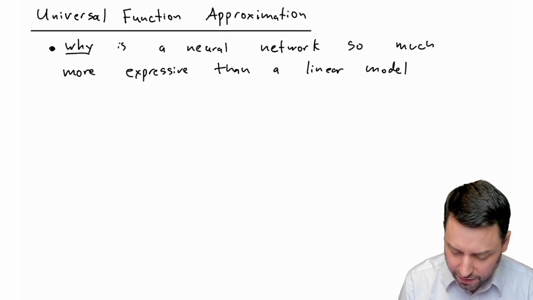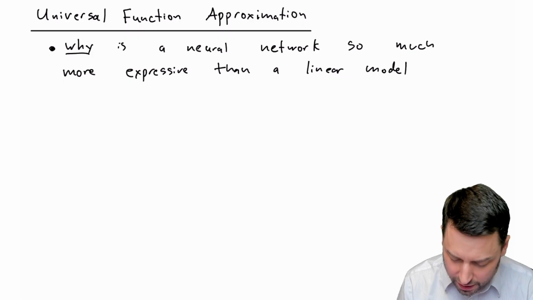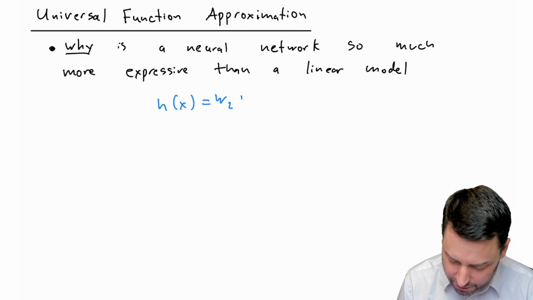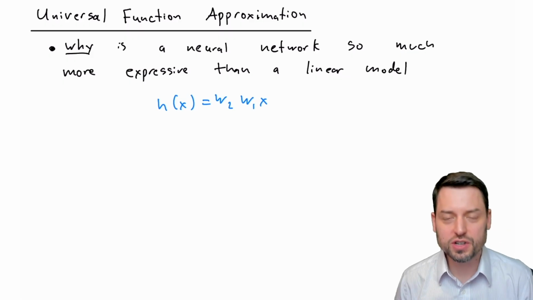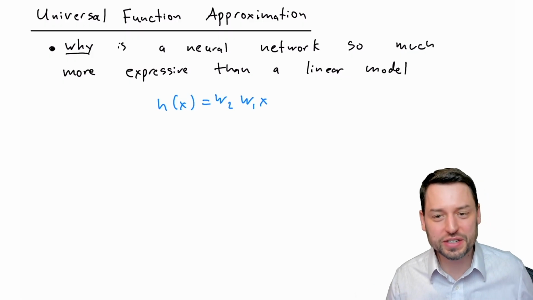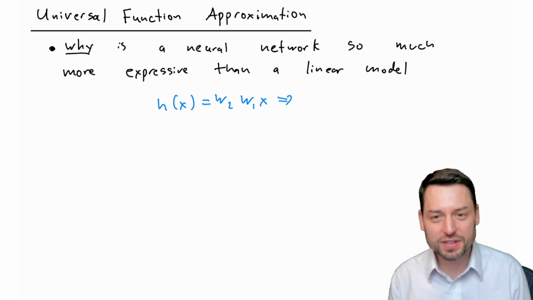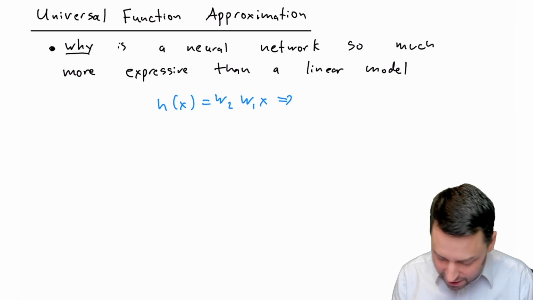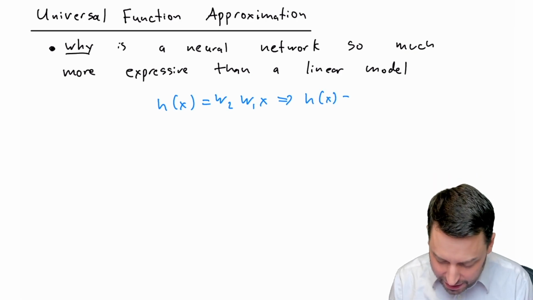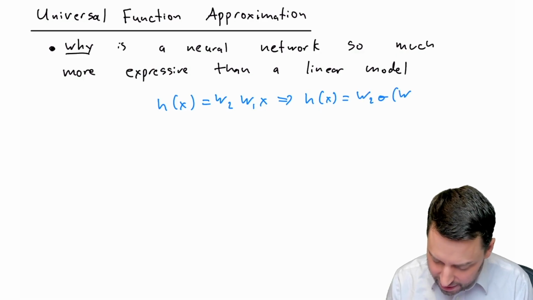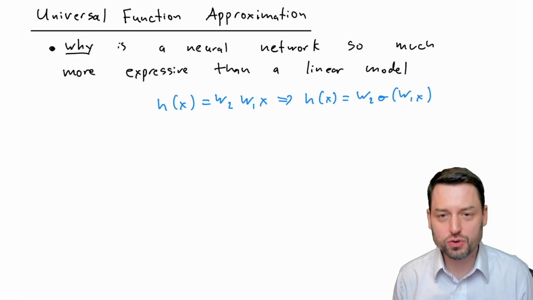Because in some sense, all we have done is gone from this function here, which I said was just a normal linear function. There was nothing to this. This cannot represent very many functions. All we have done is add a little nonlinearity here. And now I've made the claim that this function here is extremely expressive.